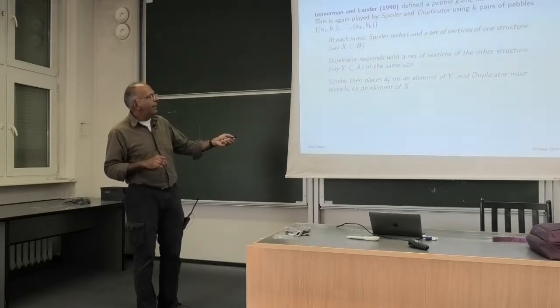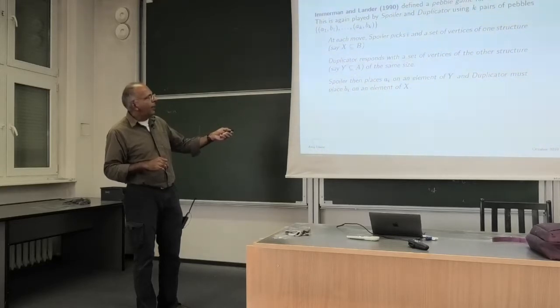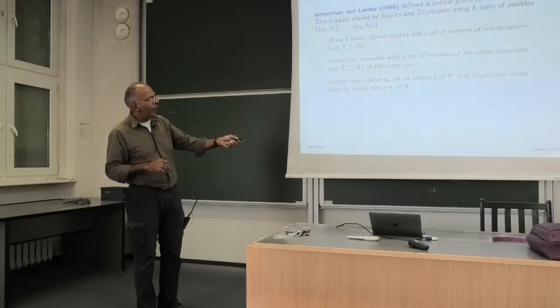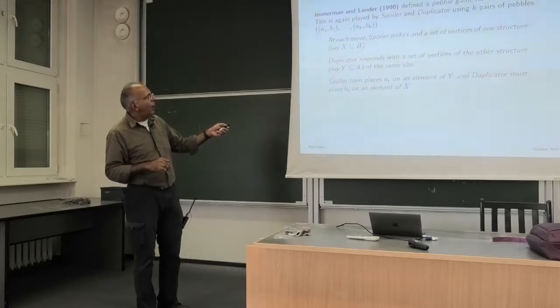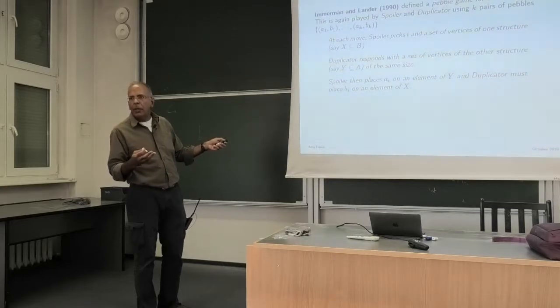Then Spoiler places pebble AI on an element. If Duplicator chose a subset of A, then Spoiler places AI on an element of Y. If Spoiler had chosen a subset of A and Duplicator had chosen a subset of B, Spoiler would be placing BI on an element of the set chosen by Duplicator.